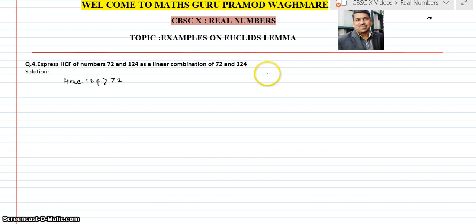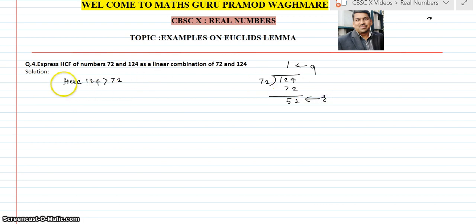So divide 124 by 72. 72 ones are 72. So what is remaining? It is 52. So this is Q and this is R, the remainder.